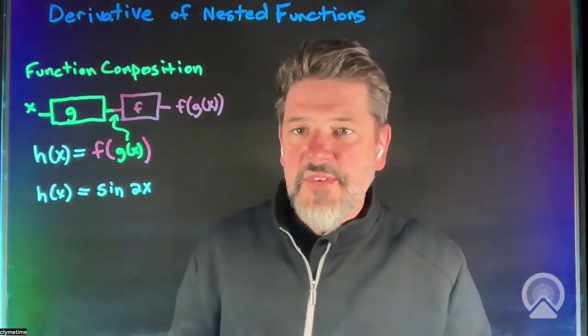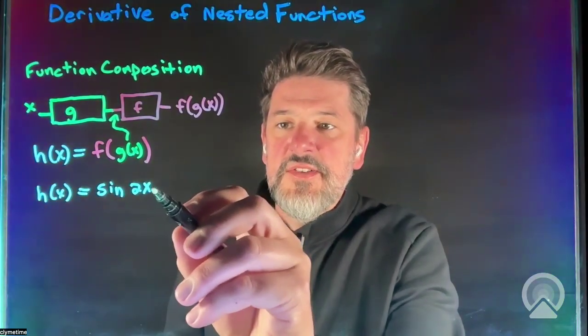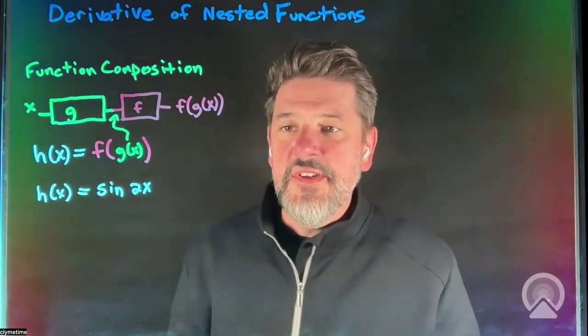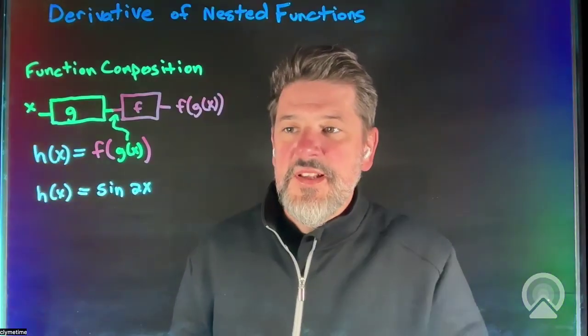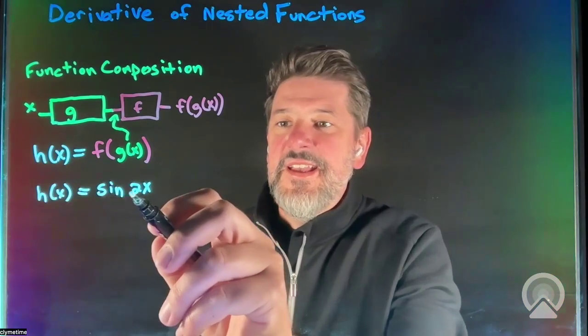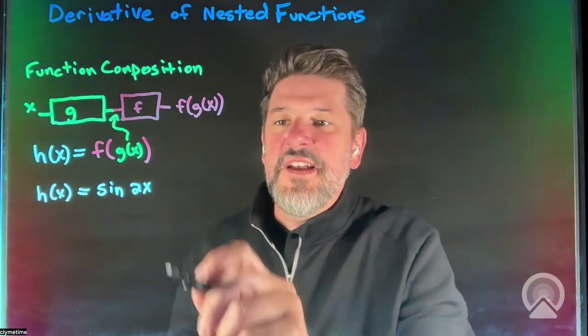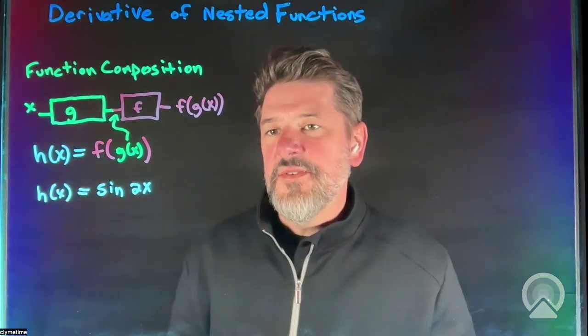This is a specific example where we have one function, 2x, that's inside of another function, sine of input. So the overall function is h of x, and it has what I call an outside function, which is sine, and an inside function, which is 2x.